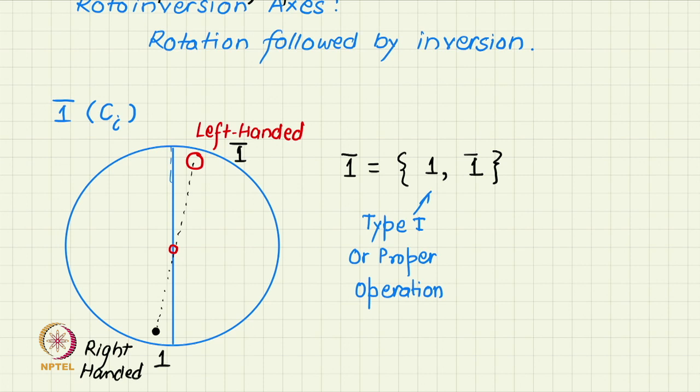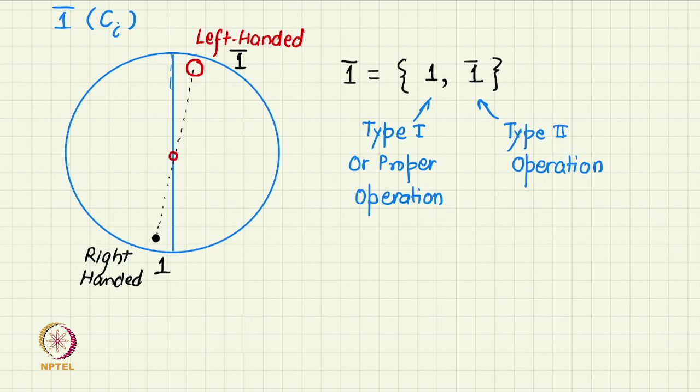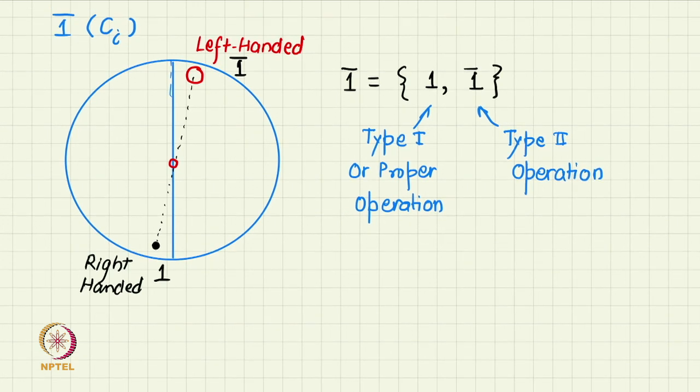So, in this case 1 is a proper operation and 1 bar is type 2 or improper operations. In fact, an interesting theorem from the group theory tells that the number of type 1 and type 2 operations in any improper group will always be equal and equal to half the order of the group.